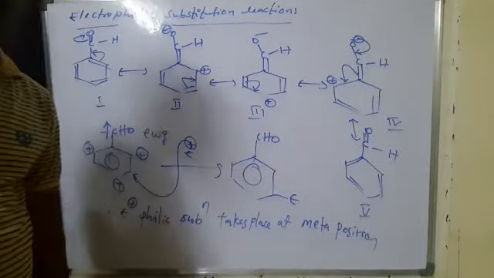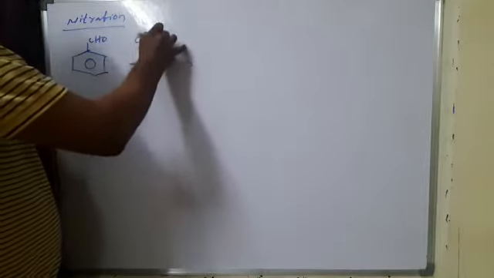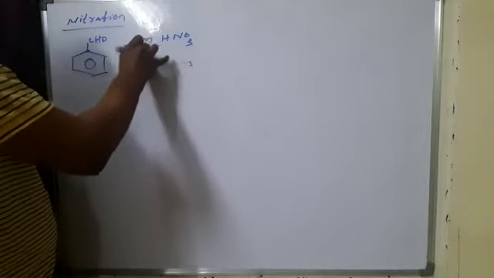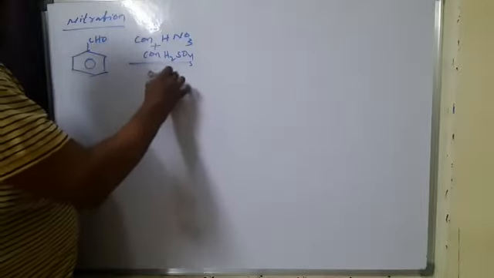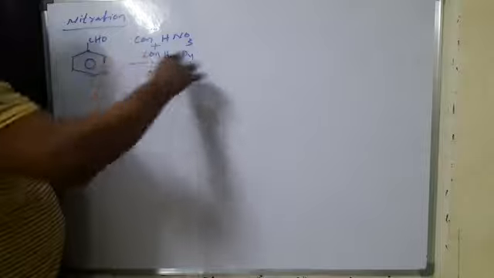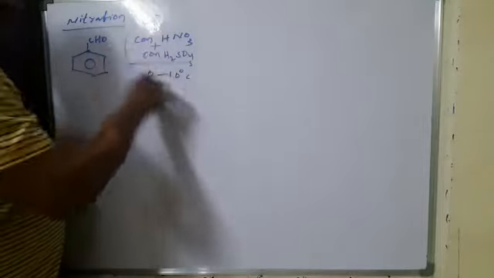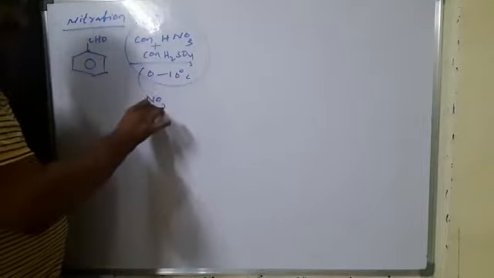Okay, so these are electrophilic substitutions. We will discuss some examples. Next, nitration. Nitration means benzaldehyde reacting with concentrated HNO3 plus concentrated H2SO4 at a temperature of 0 to 10 degrees. This reagent provides the electrophile, the nitronium ion.